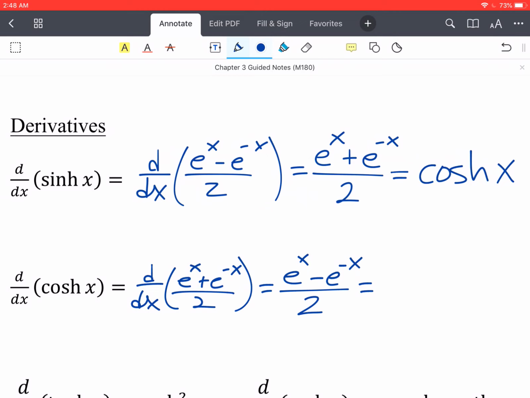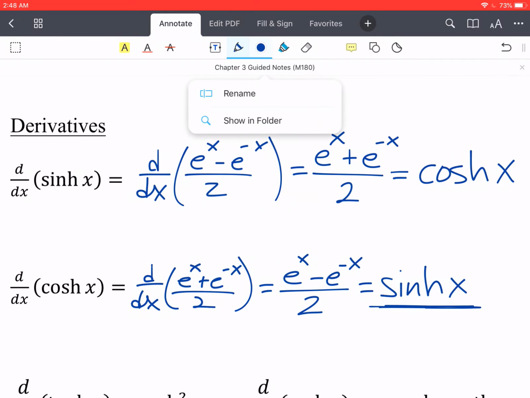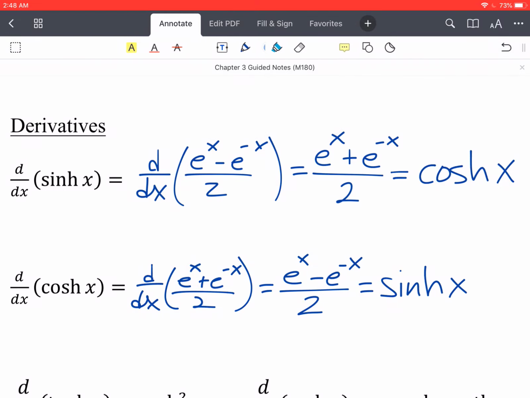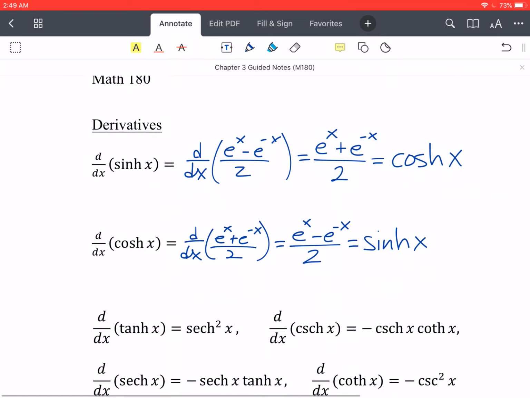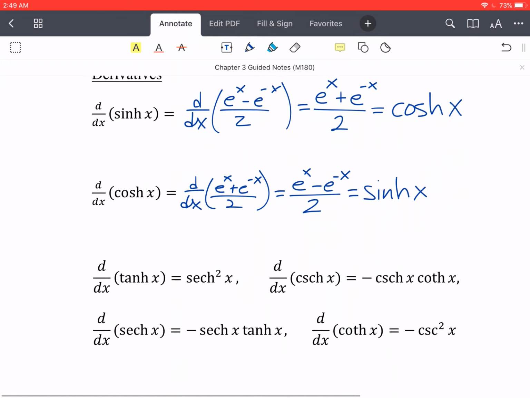In hyperbolic trig, this is the formula for sinh. So the derivative of cosh is just sinh. It's not negative sinh like it is for the regular circular and triangular trig functions. So derivative of sinh is cosh, derivative of cosh is sinh, and then of course the derivatives of all the others can be found using those two.